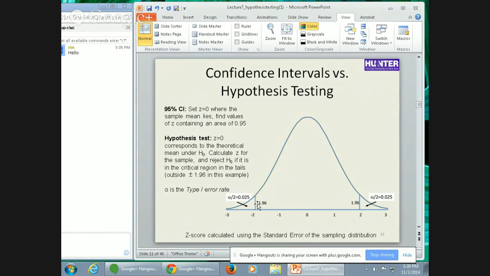So here's a normal distribution, and we would build a 95% confidence interval going between -1.96 and 1.96 on the standard normal distribution. Or alternatively, if we calculated a z-score as our test statistic, we would reject the null hypothesis if it came out to be greater than 1.96 or less than -1.96. So there are equivalent ways to test your null hypothesis.